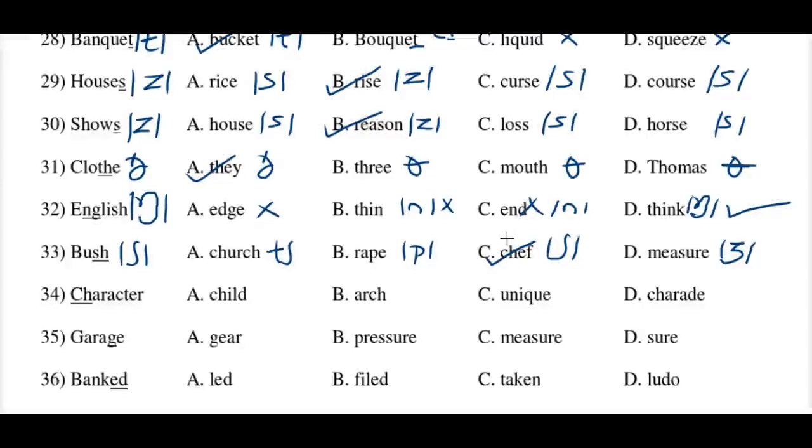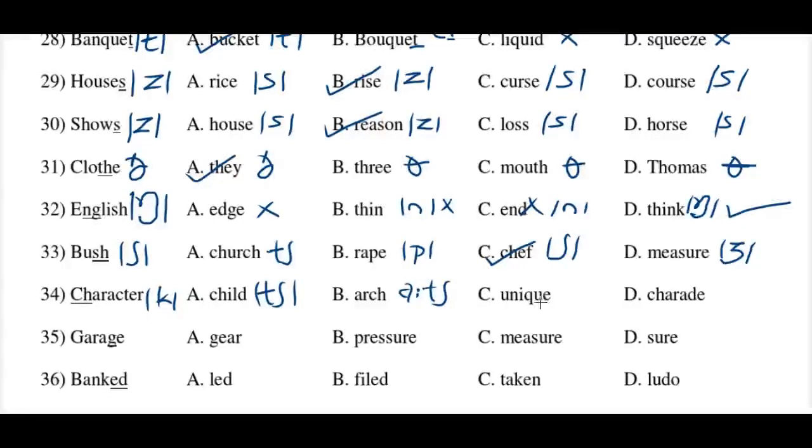Question 34. We have character. The underlying consonant is k. Character. So A, child, ch. B, we have arch.